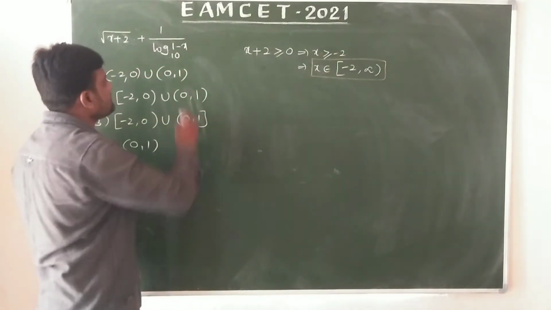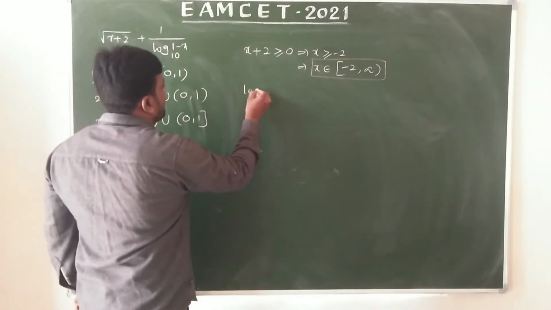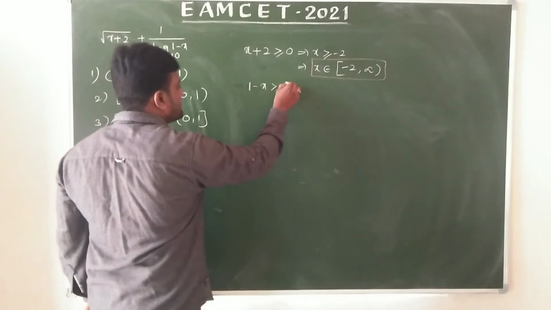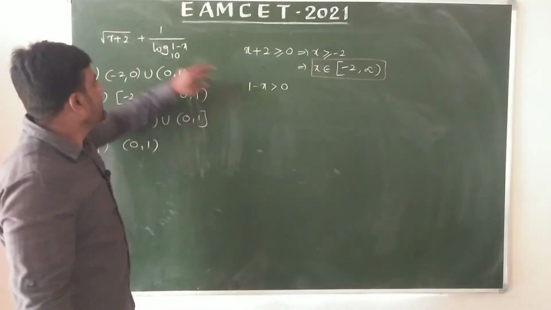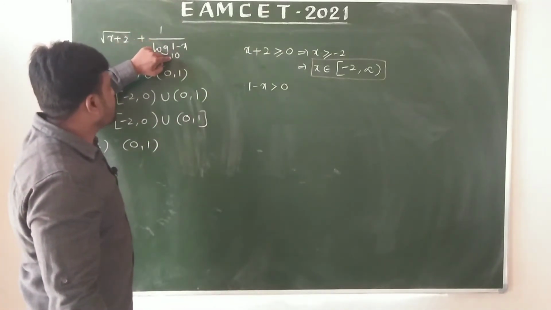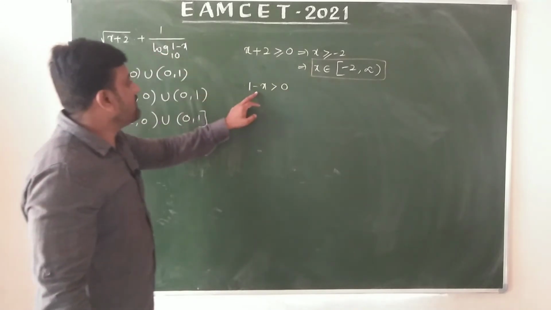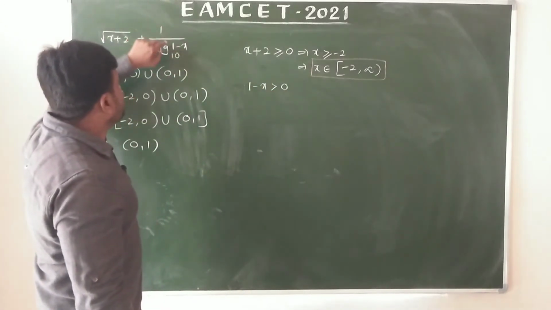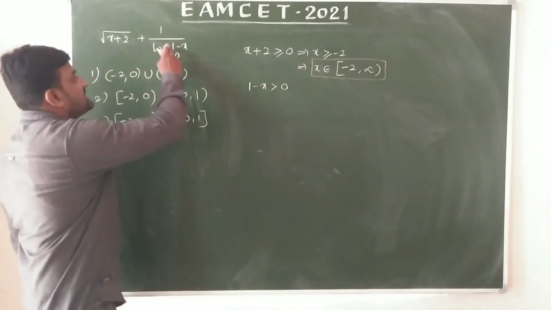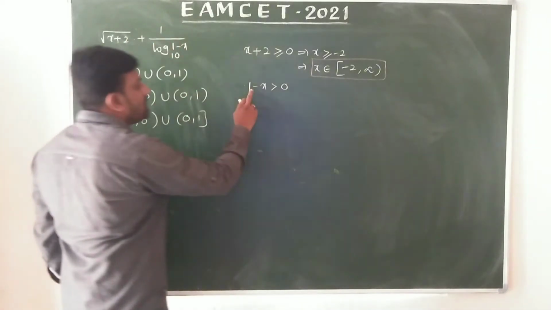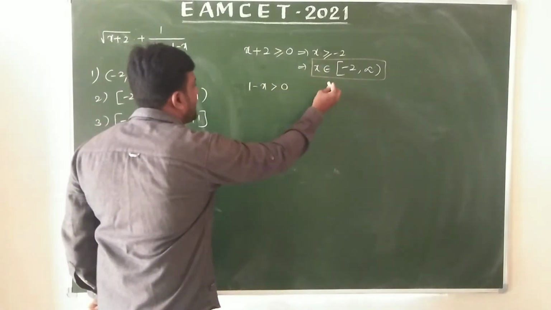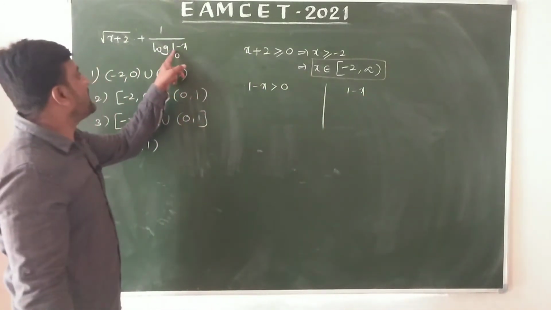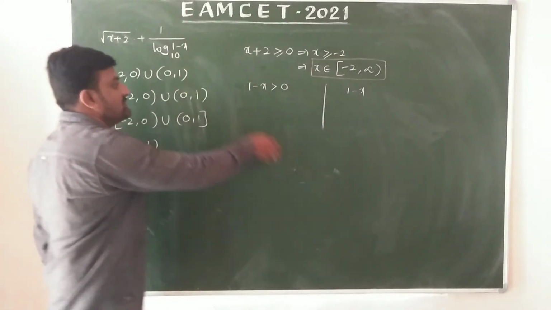And log of 1 minus x. Log functions are defined only for positive values, greater than 0. Okay. Now, the base is already a number. Okay. 1 minus x greater than 0. And also the log should not be 0, yes or no. So, 1 minus x greater than 0, and when 1 minus x should be 1, then minus x equals 0, x equals 0.